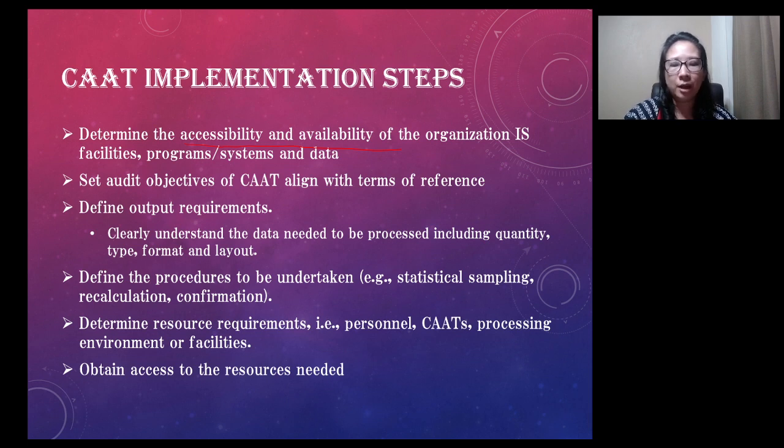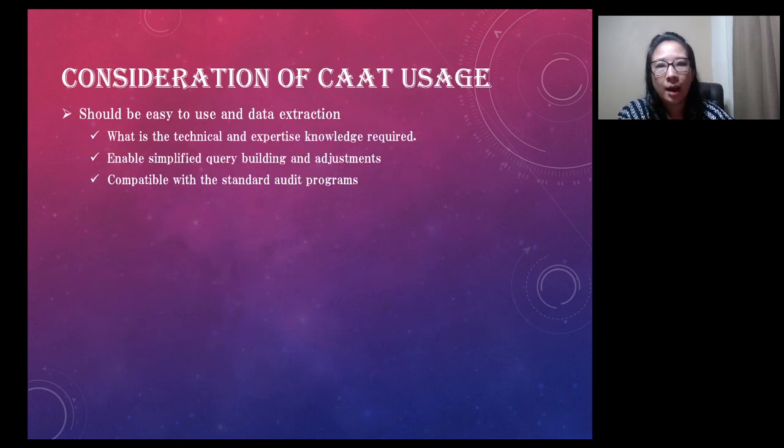And then after that you need to get the permission to access those resources. Okay, and then what we need to consider when we want to use the CAAT: the first one, we need to make sure that the CAAT is easy to use, and also that it can extract the data properly.